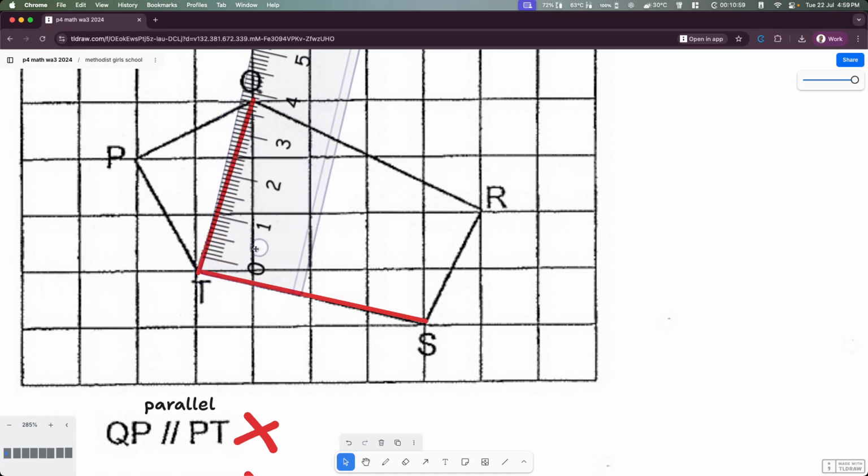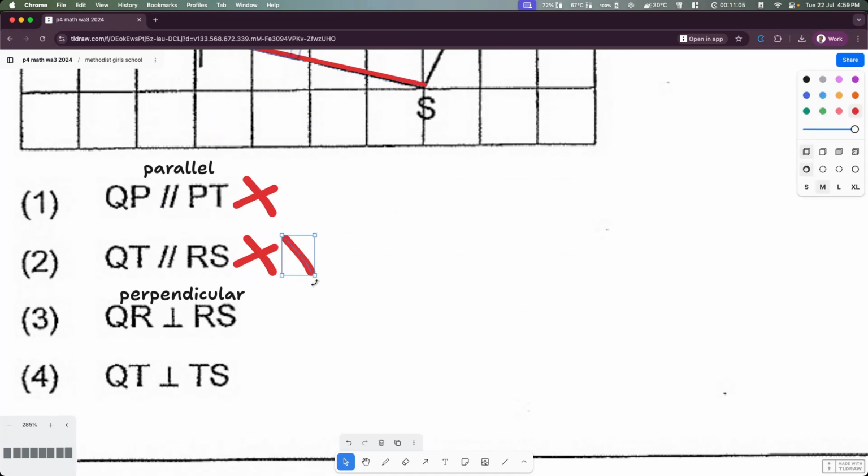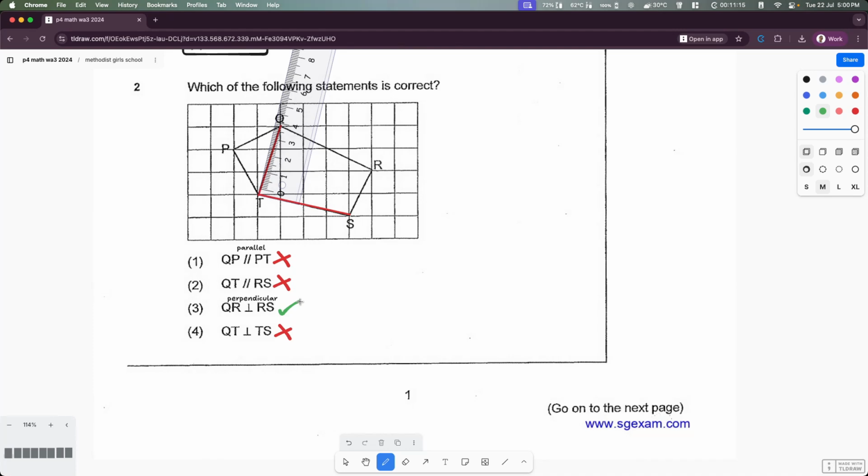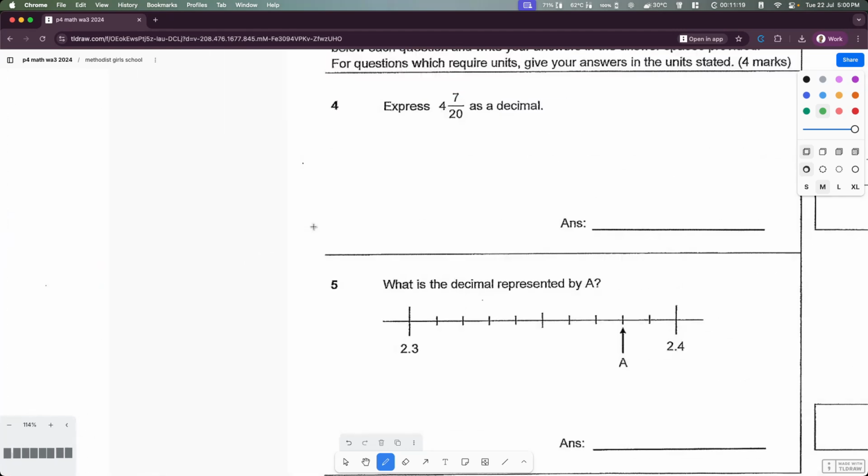Not really, because TS is not perpendicular. So QT and TS are not perpendicular to each other. The answer is QR and RS. There you go. So make sure to have your ruler during your test.